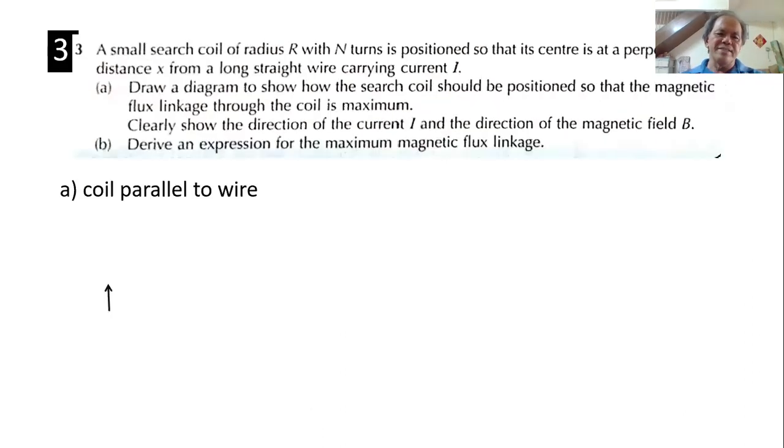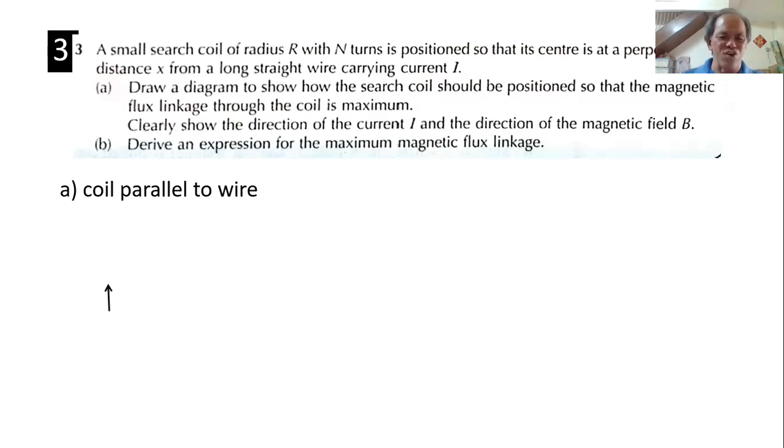Okay, let's go to the next one. A small search coil of radius r and n turns is positioned so that the center is at a perpendicular distance x from a long straight wire carrying current.